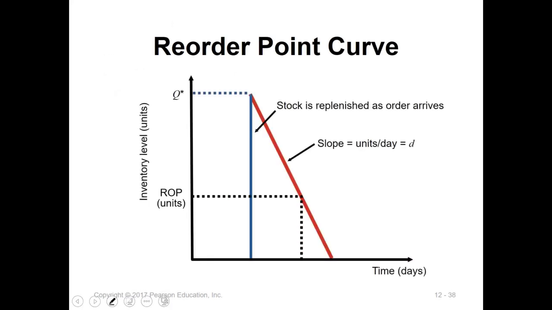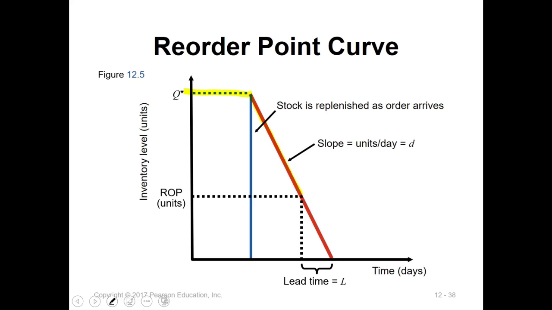So here is the reorder point curve. In this curve, we see that when you have the maximum inventory level, with time going on, this level is going to drop.